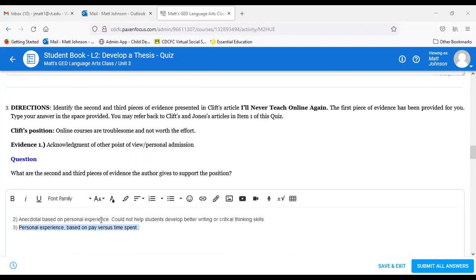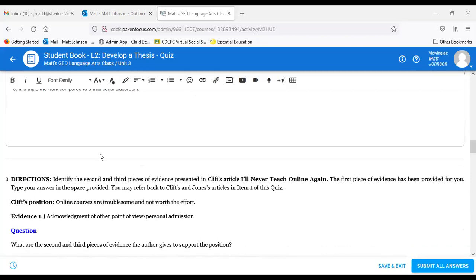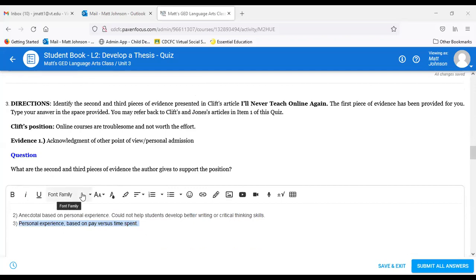Everybody's sort of getting the structure here, right? So we looked at the overall claim first, then we looked at the supporting claims, and then we looked at the evidence. So those are all going to follow sequentially.